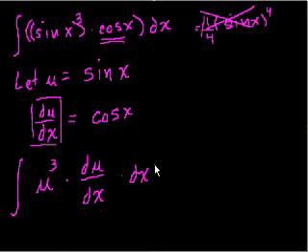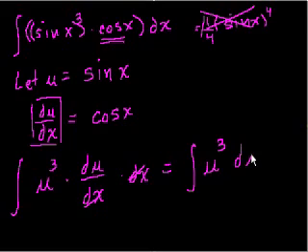I know you're probably not too comfortable with differentials at this point, but they behave the way regular numbers do with a fraction. So this dx and this dx cancel out, and you're left with the integral of u to the third du.